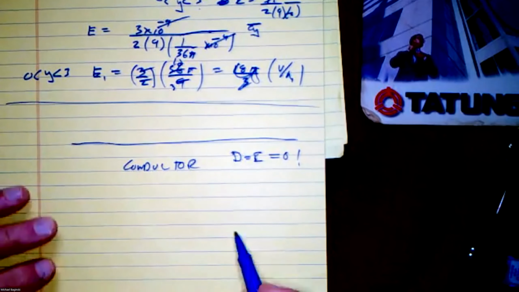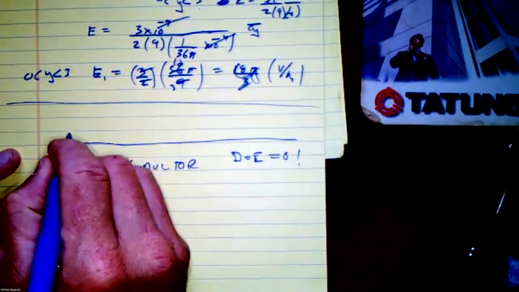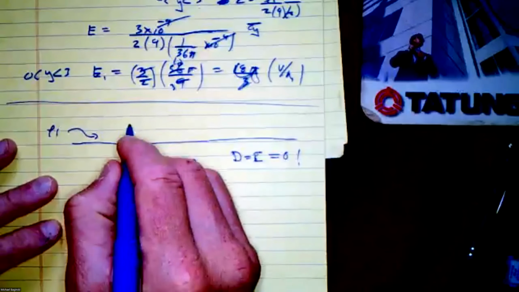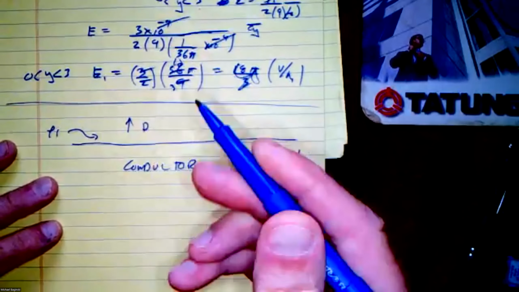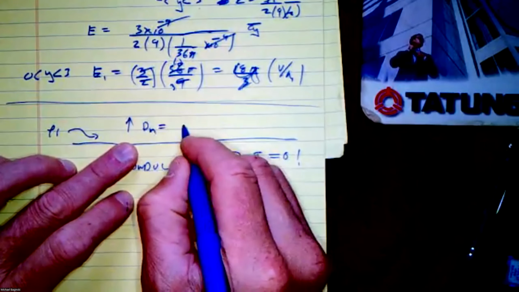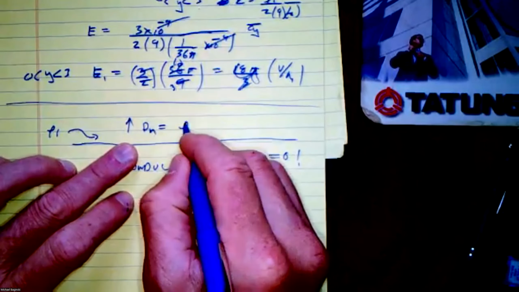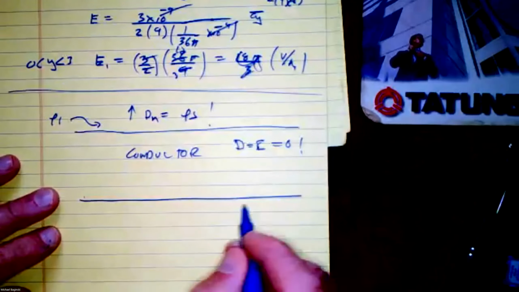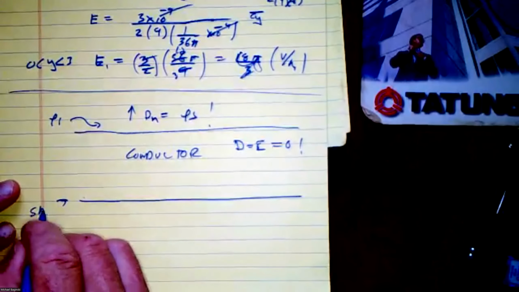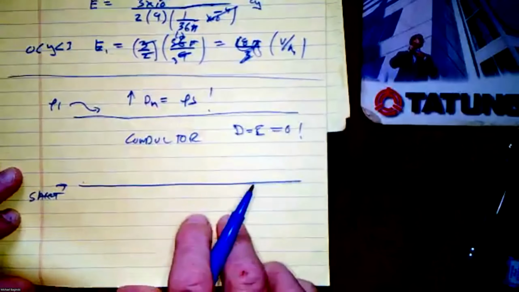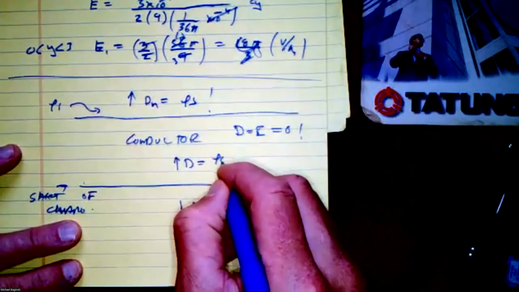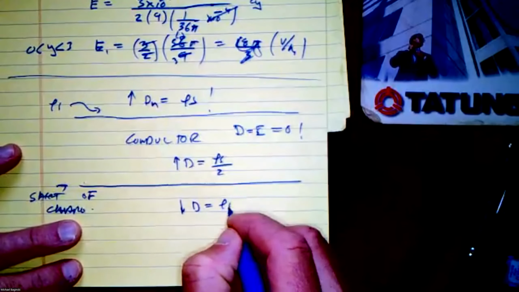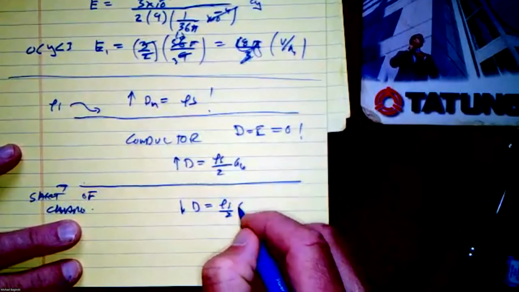Yep. Think of a solid piece of iron. Then if you have a surface charge density right here, the D field above, the normal component of the D field, will just be rho S. But if you have a thin sheet of charge, then the D field above will be equal in magnitude to the D field below, and that would simply be rho S over 2 in the normal component.